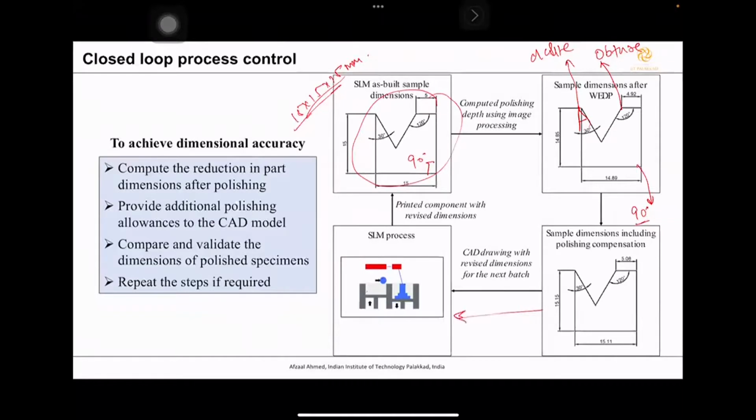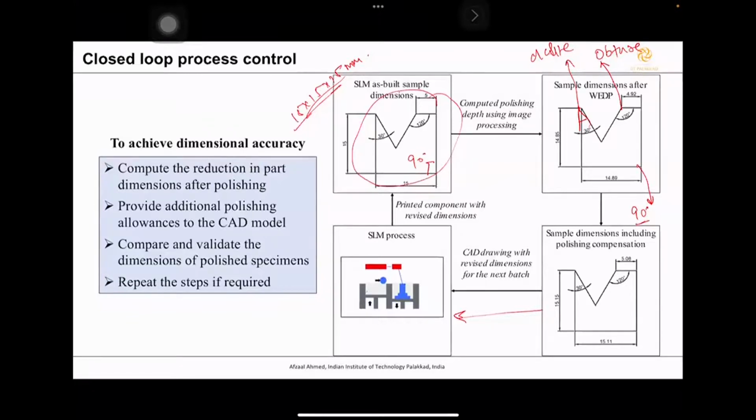So in the next printing cycle, you print an oversized component based on the compensation depth or the polishing depth suggested by your code. Then you do the wire electrical discharge polishing, and you get the final component with the exact dimensions of the CAD drawing. So this is what we have been working on now, and we have already implemented a part of it. Some part is still going on, which may take another month to finish.